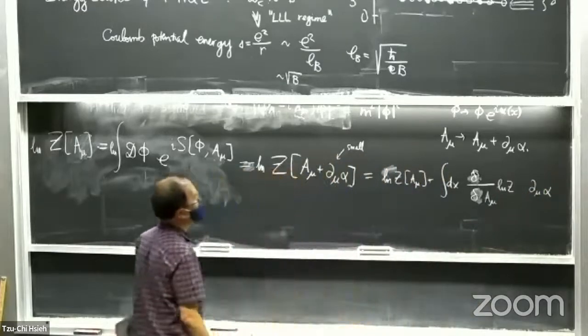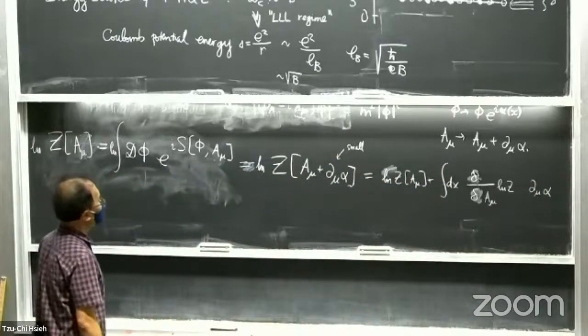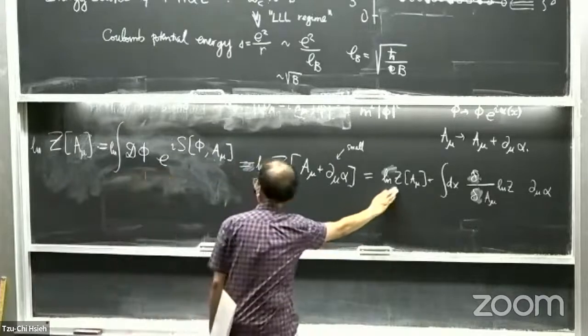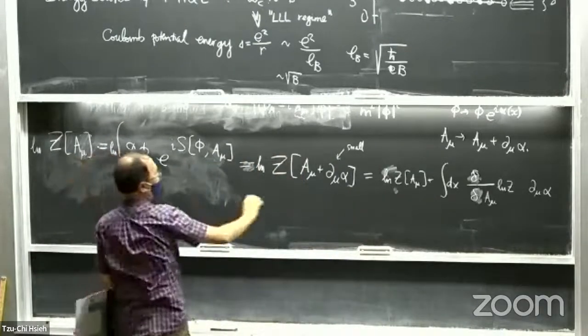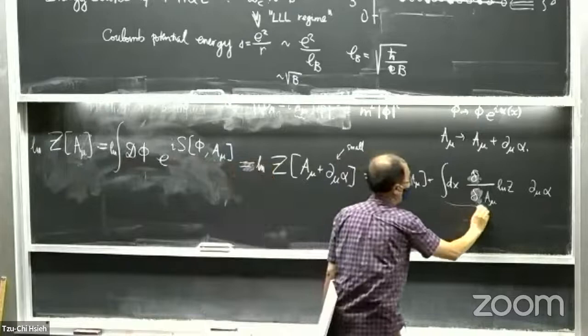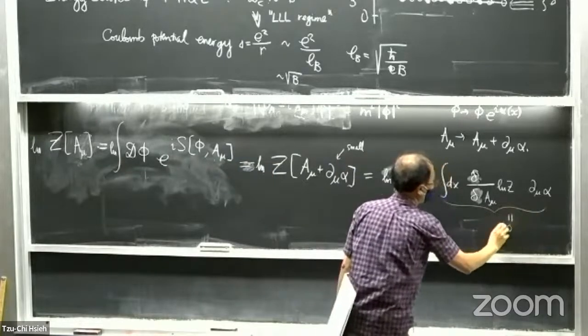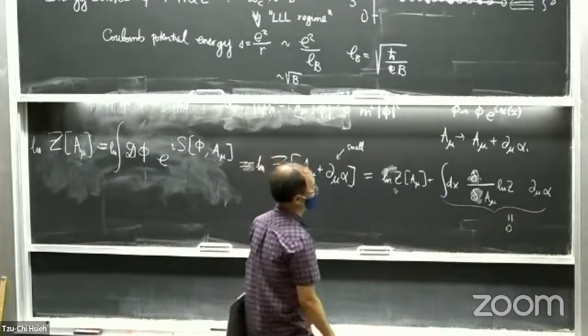That is 0, because this one and this one cancel. What is written here is 0 for any choice of alpha.